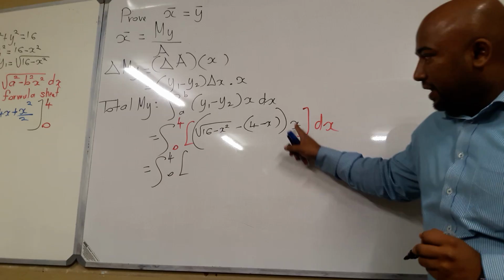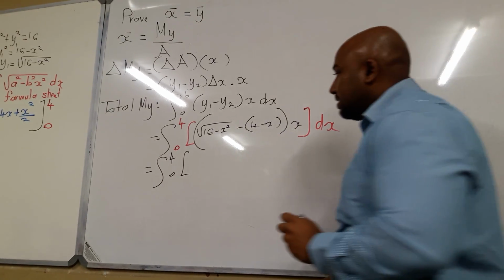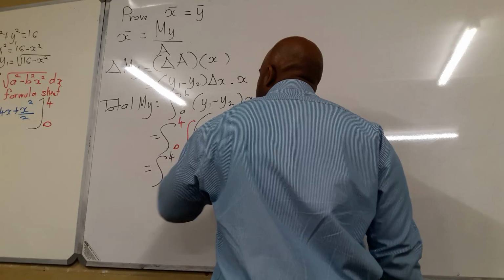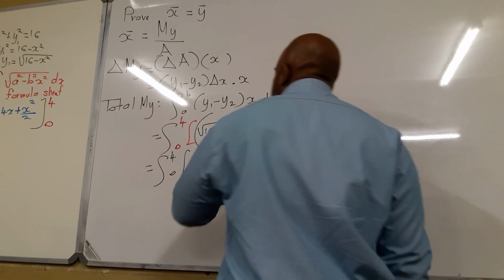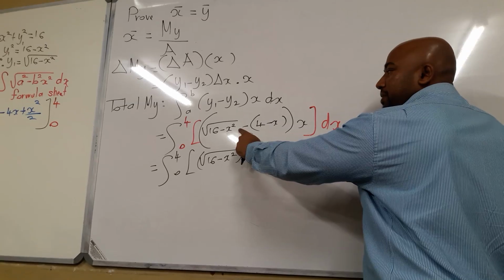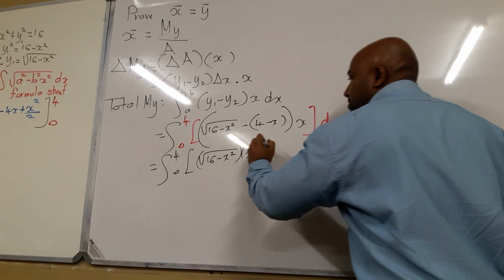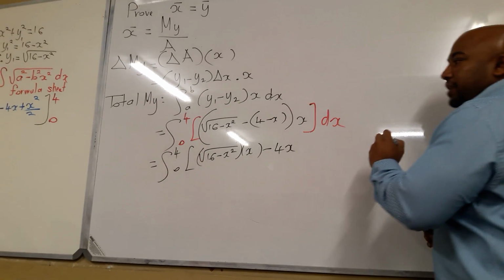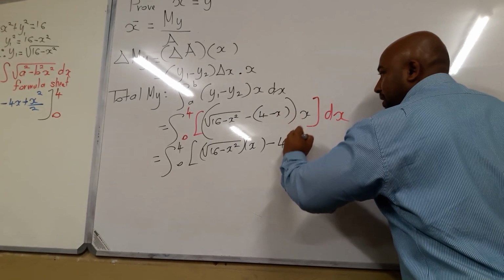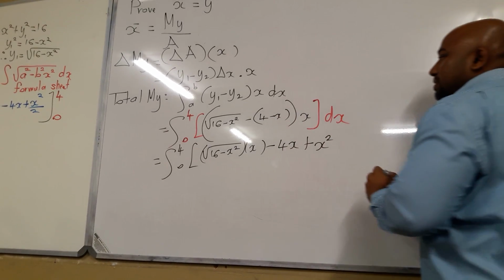So we're going to multiply x by the first term there. So it will be the square root of 16 minus x squared times x. Let me just remove the bracket one time. That will be minus 4 times x, which will be minus 4x. Minus times minus will be a plus, so that will be plus x squared.